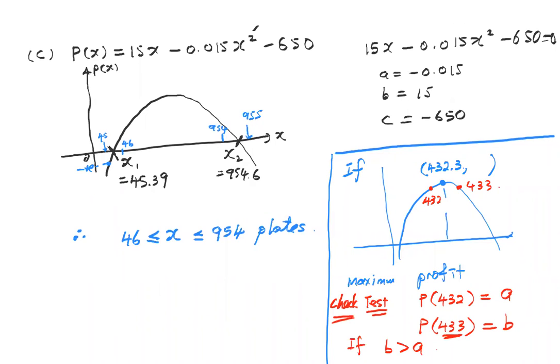Okay, now we are going to discuss another question. That is question 7 on page 146. So we straight away do it together. Everyone turn to page 146, question 7.